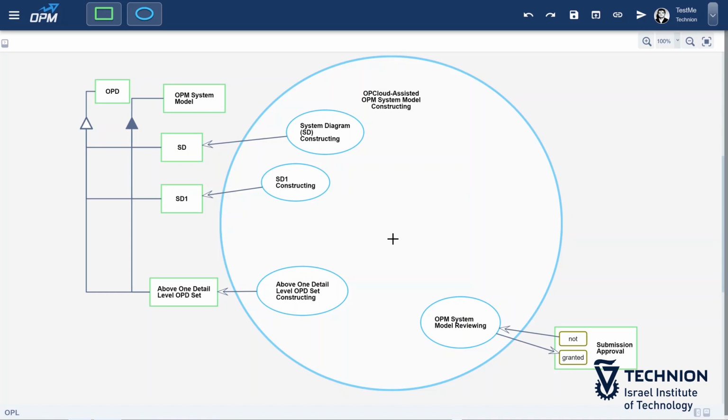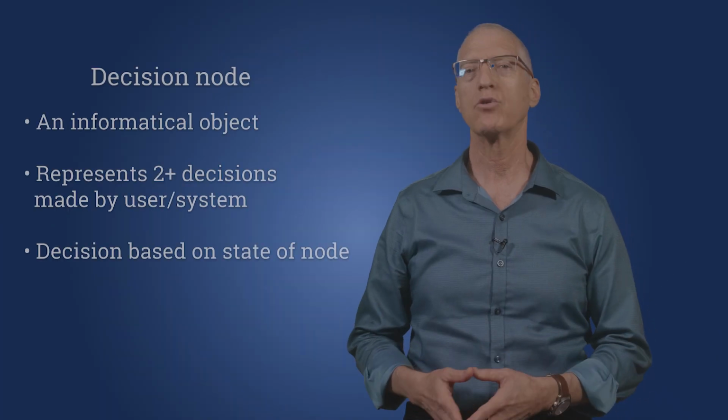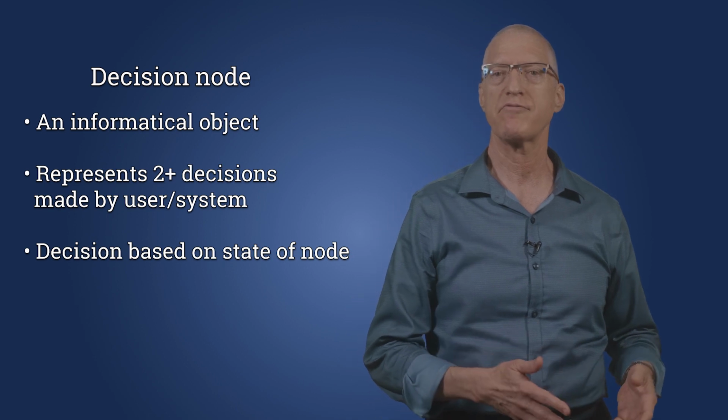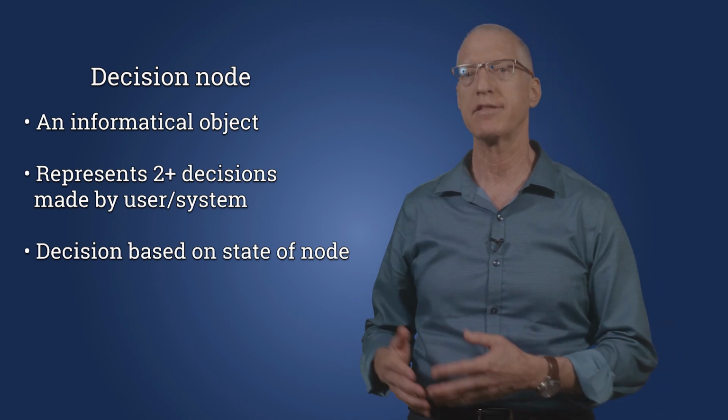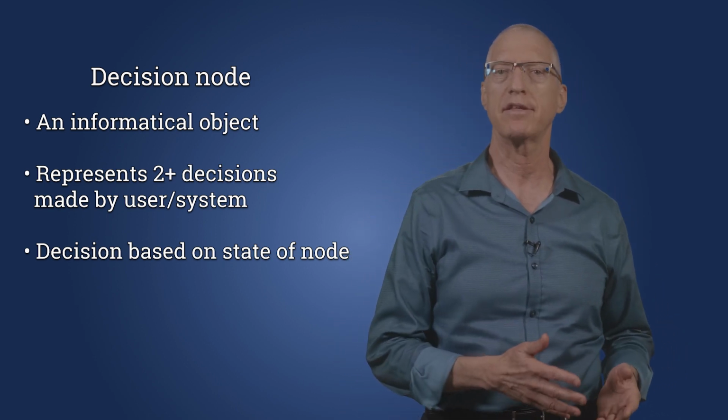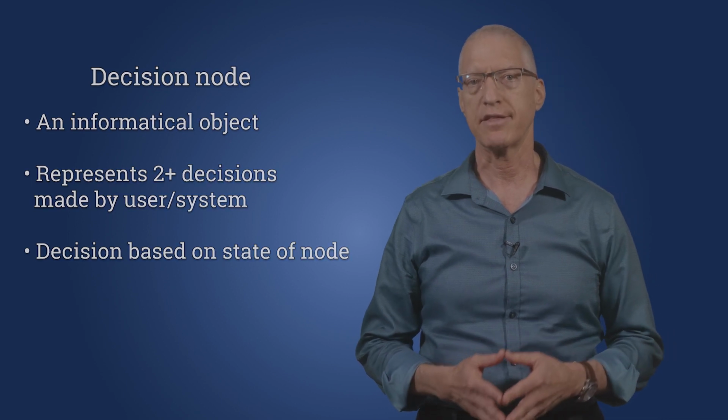Now let us turn to decision nodes and condition links. Decision nodes are informatical objects which represent decisions, usually made by system users or by the system themselves. The existence of a decision node means that the system can take 2 or more different routes at certain stages of their life cycle.